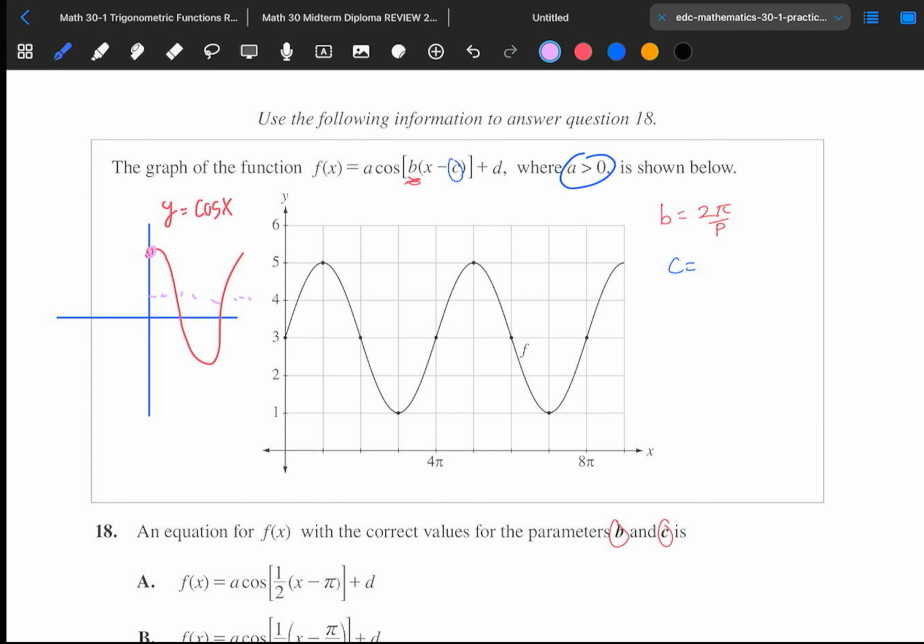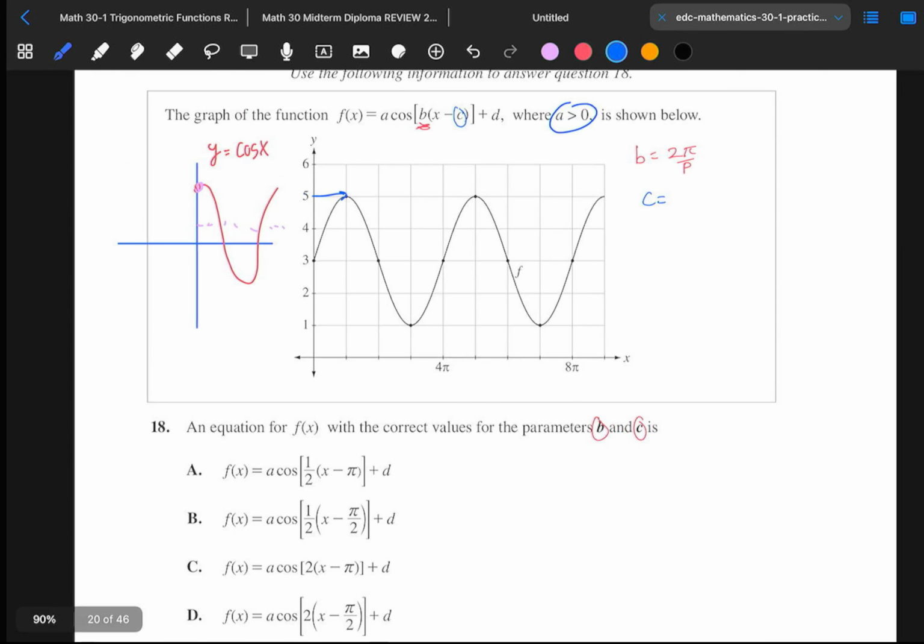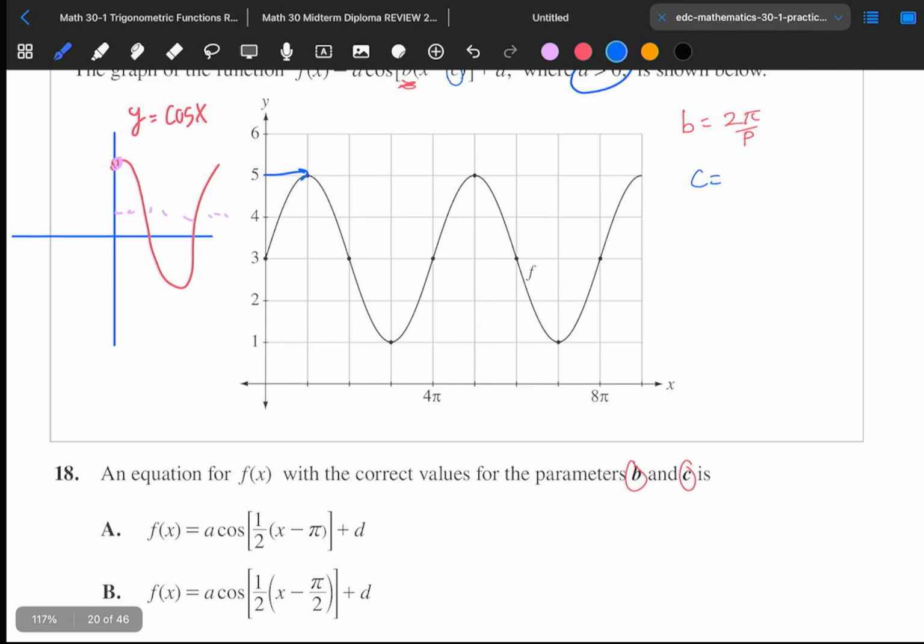That's going to be our c value. So we can see that this is translated to the right, right? So we have a horizontal translation because our original graph would start where the midline meets the y-axis, and that would be the first maximum there. However, in this one, that's not the case. So we have to look for this distance here.